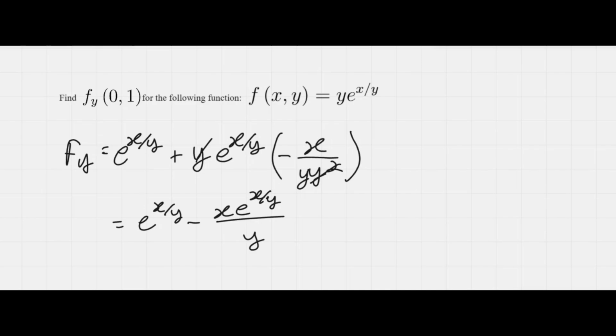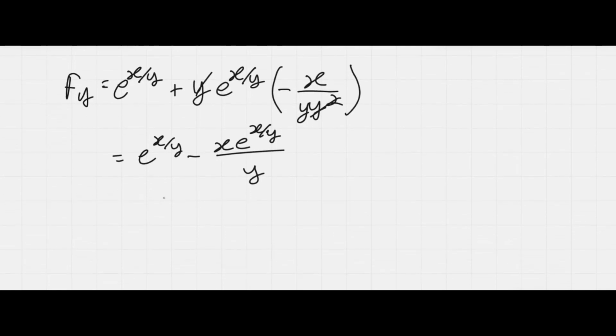However, we also need to find it at a specific point, that point being (0, 1). And so, just to extend the problem over, we're going to have to basically substitute in the respective values of x and y.